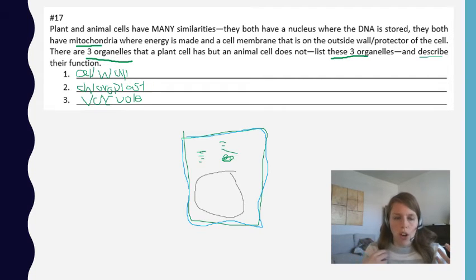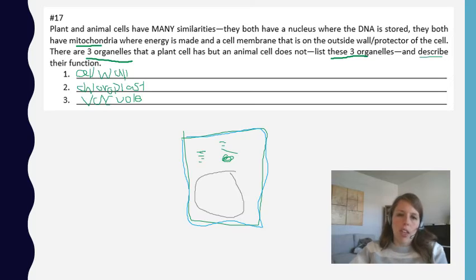It's like a refrigerator inside of the cell. Why is that important for the plant cell? Well, once again, remember that it lives like outside. So in the summertime, it has to be able to survive, like kind of collect more water and then make that water last.